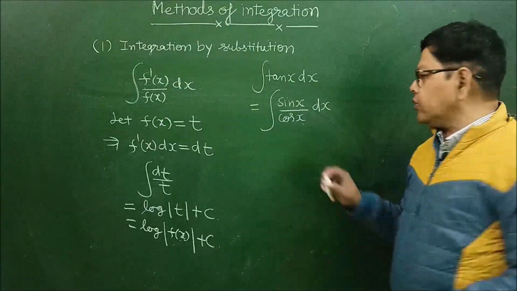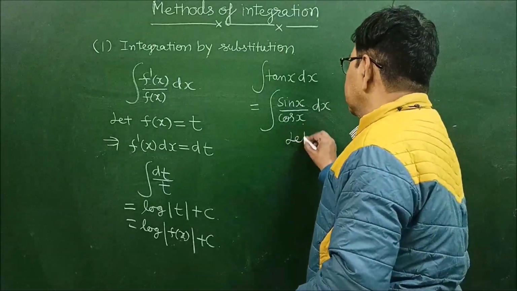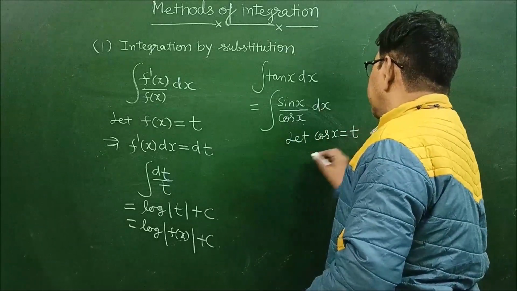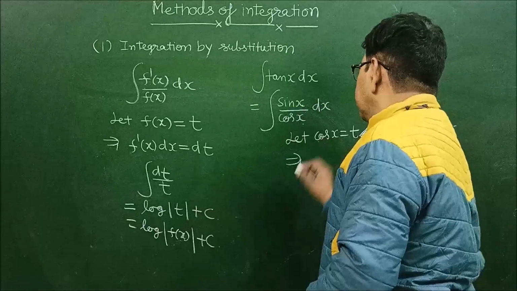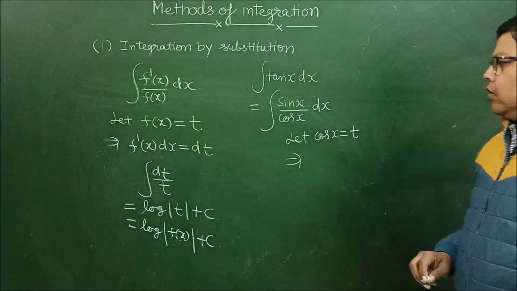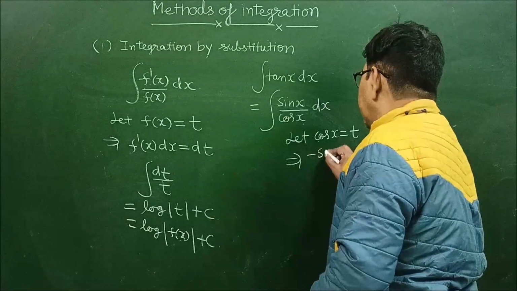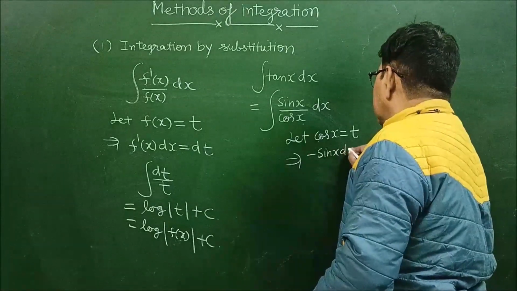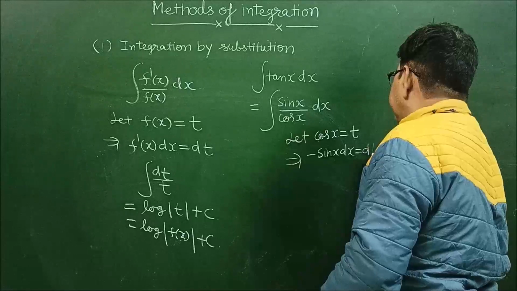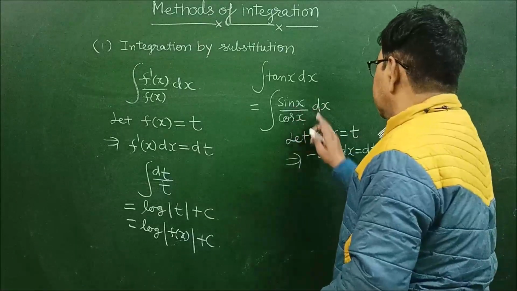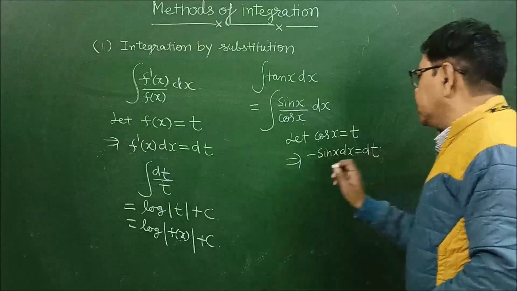So let cos x is equal to t. If we differentiate it, then the differential of cos x with respect to x is minus sin x. Minus sin x dx is equal to dt.